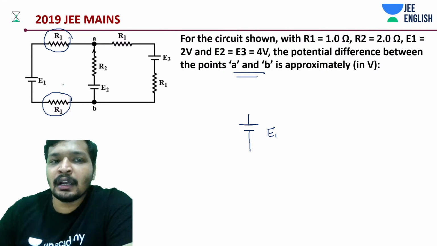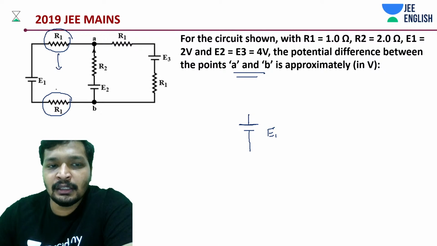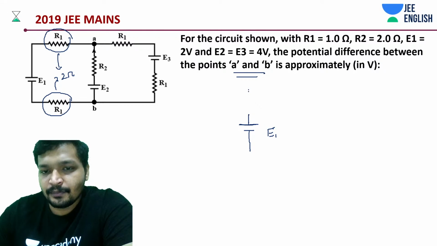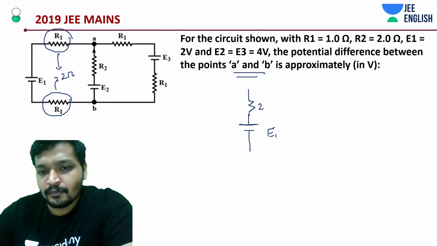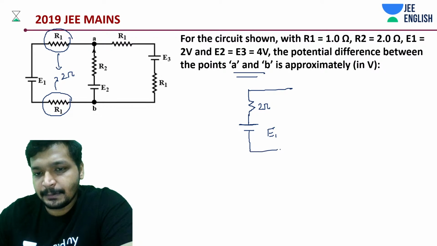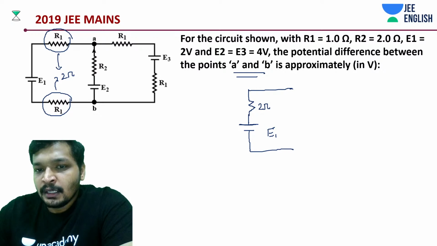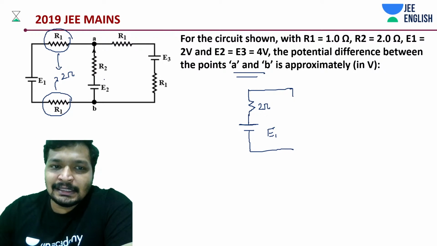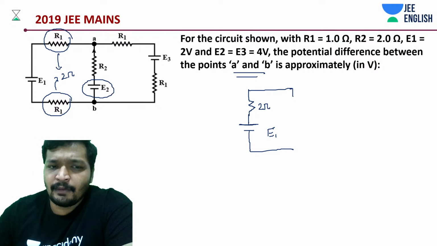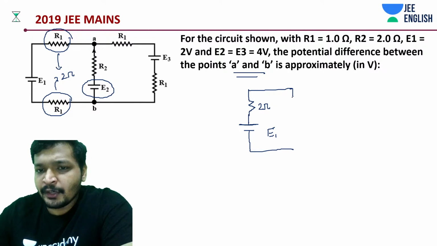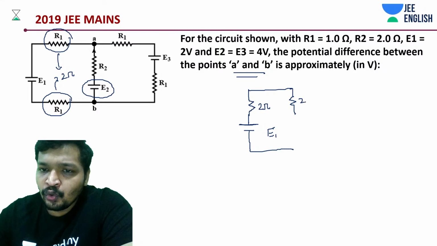What is that? R1 and R1 in series. Basically, how much total? 2 ohms. Next, what we have is E2. How many ohms in series? 2 ohms again.